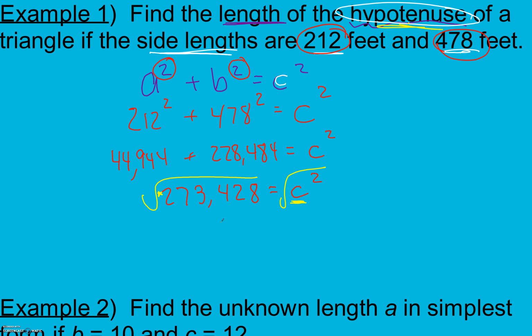And when I take the square root of that on my calculator, I get 522.9 approximately for C. And since my sides are in feet, so is my hypotenuse. So the hypotenuse is approximately 522.9 or 523 feet if we're talking significant figures.